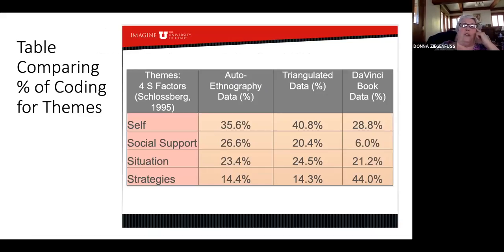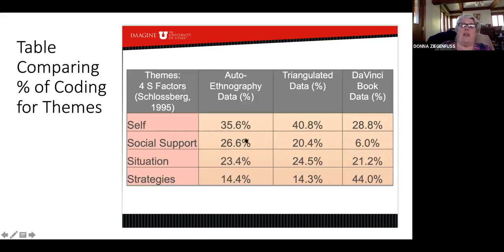Here's another one, which is just percentage. So these are my four themes down here: self, social support, situation, and strategies, based on a theory. And these are three different sets of data: autoethnography data, triangulated document data that I found in other places, and data from a book that I coded. And these show the percentages.